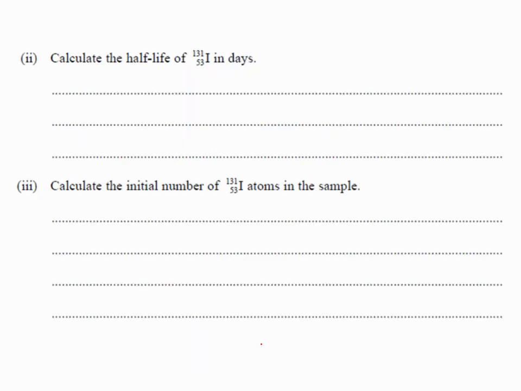Okay, final two parts of this question. Pause the video now and try these questions. Part I, calculate the half-life. Importantly, we've been given the decay constant from the previous question, 1.1 times 10 to the minus 6 per second. We need to recall that the relationship between half-life and the decay constant is this.